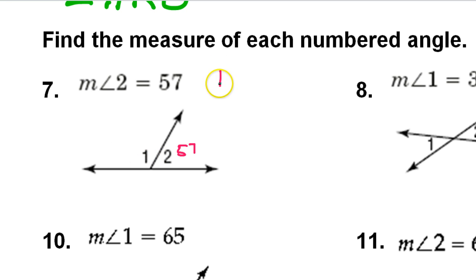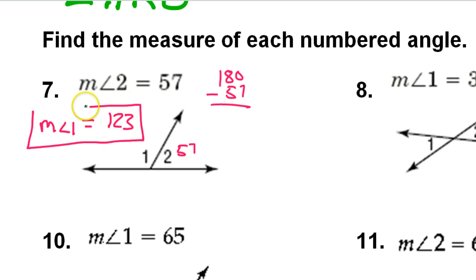So all I need to do is go 180 minus 57, and that'll give me the measure of angle 1. So the measure of angle 1 is 123. That'll be the answer to number 7.